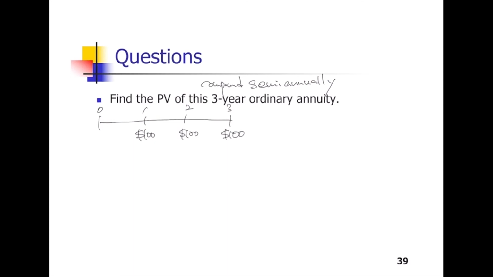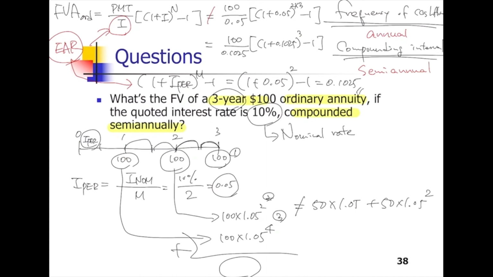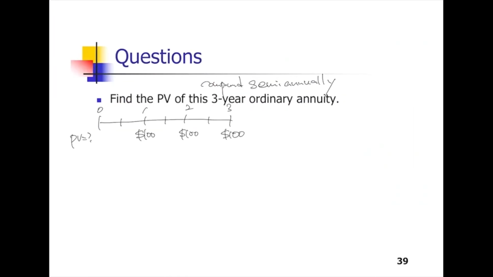And now we want to calculate the present value, but it compounds semi-annually, so every 6 months we compound. And as I mentioned before, you can calculate the period rate, right? The period rate was 5% here, right? So 5%. So just discount this number.